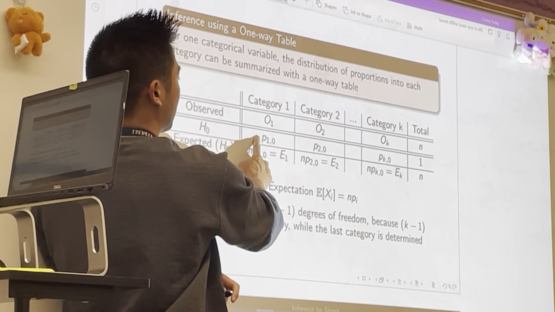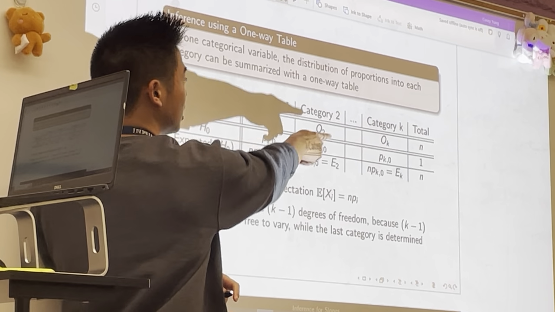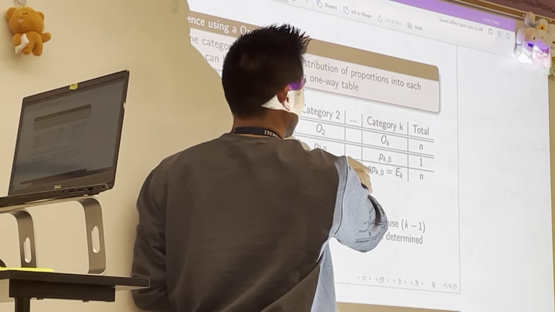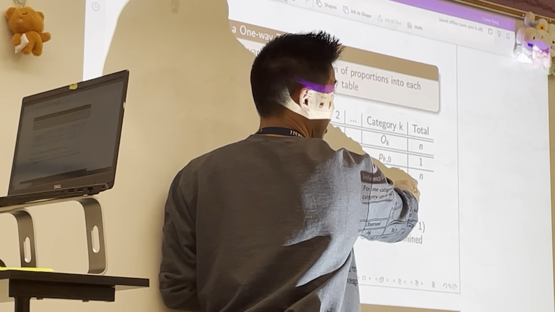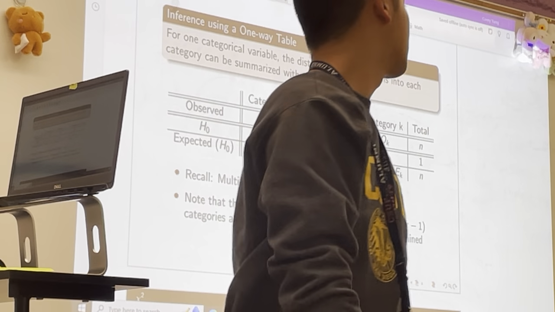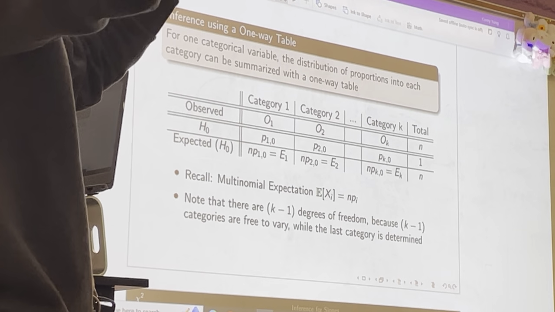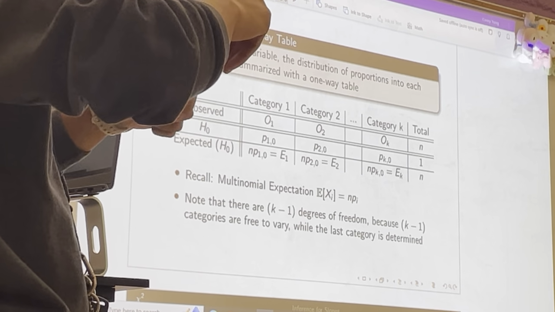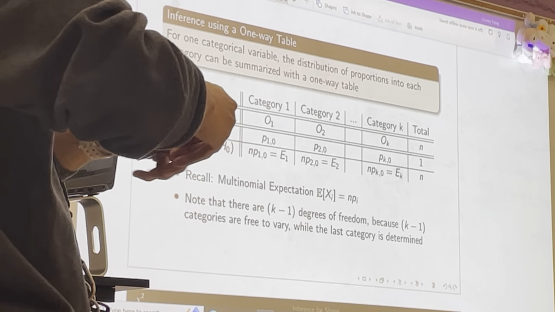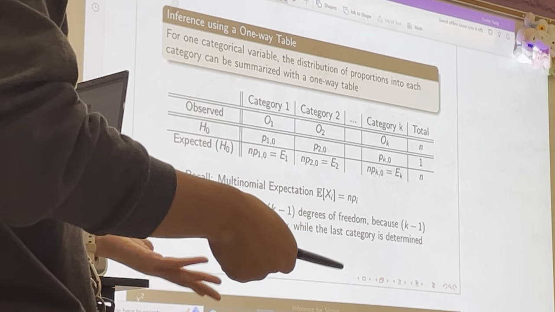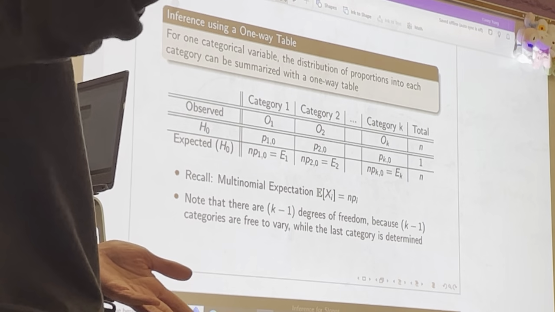Just take the probability of this category under the null, multiply it by n, and then when I add up all the expected counts, it should also add up to n as well. All right? So that's why, again, I explained to you guys the multinomial model, because when you have multiple classes, how do you find the expected counts of that? It just turns out it's just n times p, but across all of the different categories.